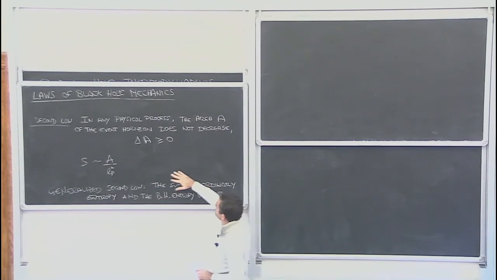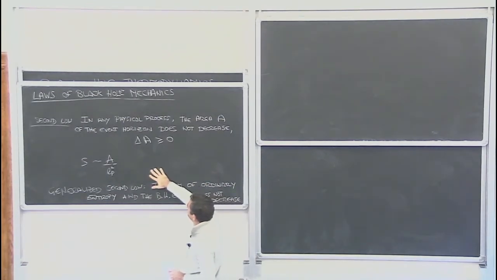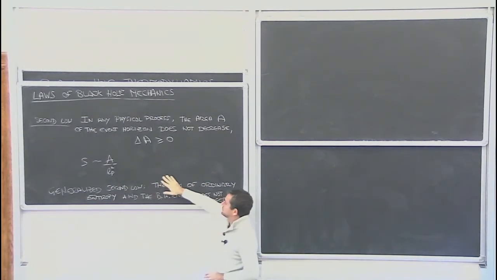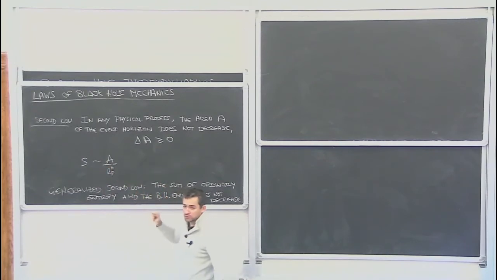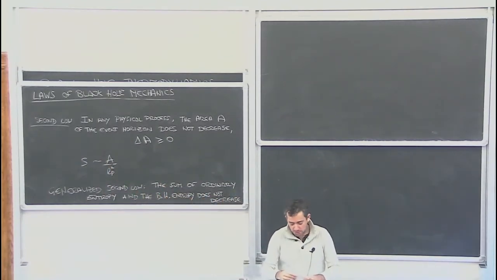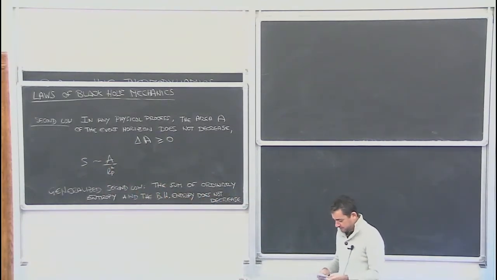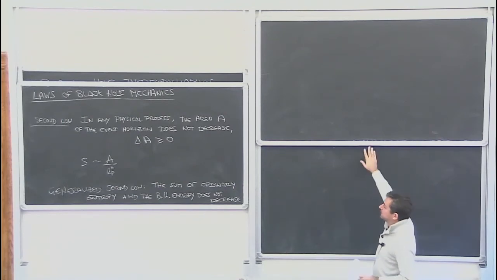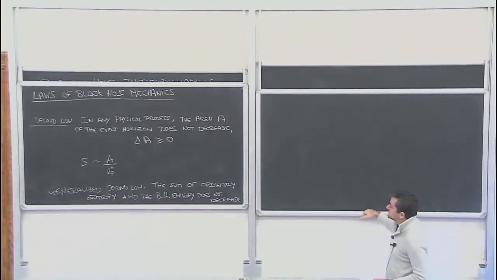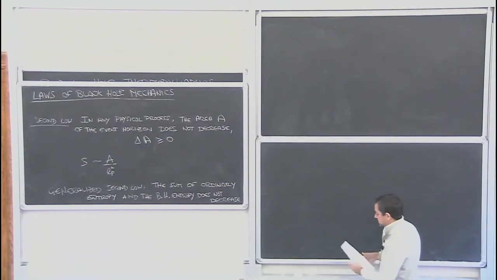So we are going to test again this fact that the entropy should be really proportional to the area using the first law. But before, let's take an easy step and formulate the zeroth law. This we already discussed yesterday.